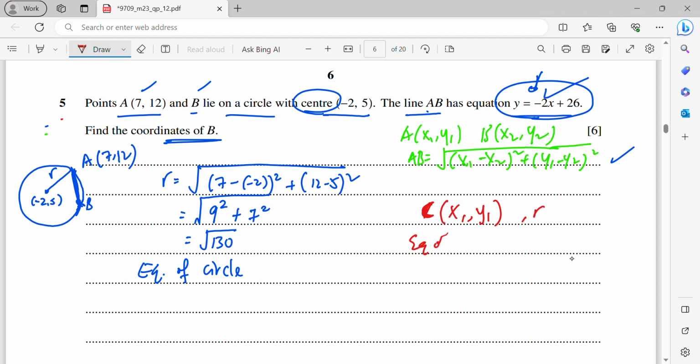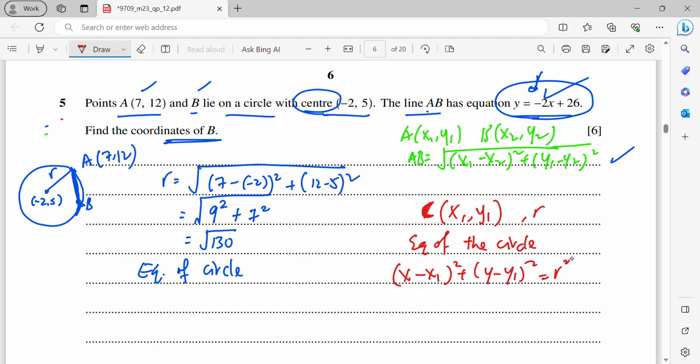So the equation of the circle is (x minus x1) squared plus (y minus y1) squared equals r squared. This is the equation of the circle.